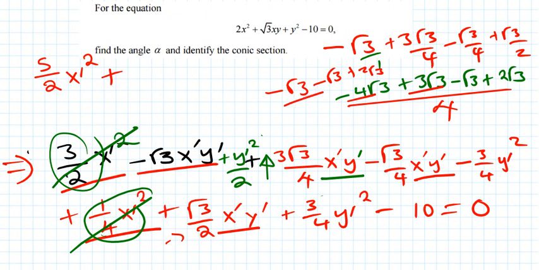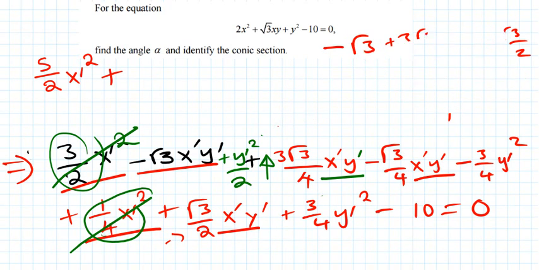So this is going to be a negative 2 root 3 plus 2 root 3, which is going to be a 0 over 4. So that part is going to be eliminated completely. This part, that part, that part, and that part, which was our goal. We wanted to eliminate the xy part.